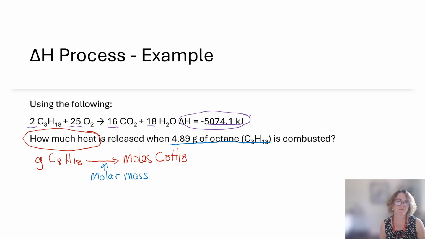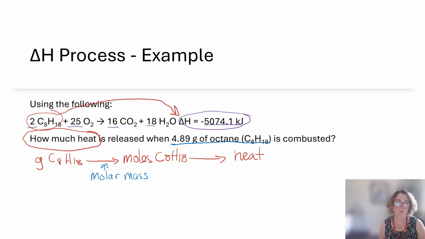Once I have moles of octane, here's where things are just a tiny bit different than the stoichiometry you've done before. I have to get myself to heat. Well, my relationship here between the amount of octane and the heat is right in this balanced equation.